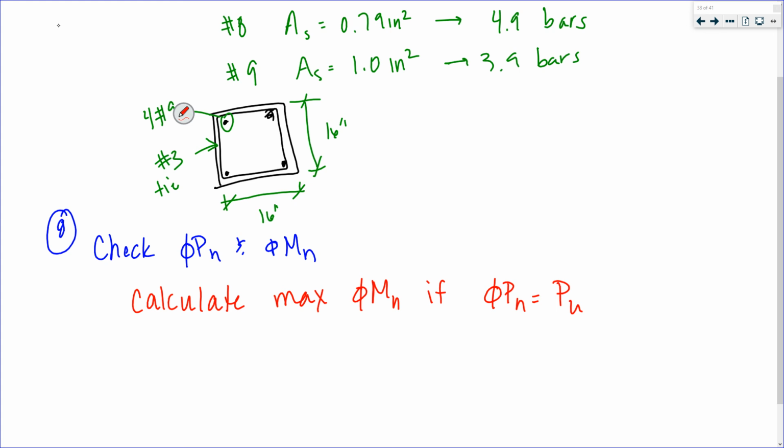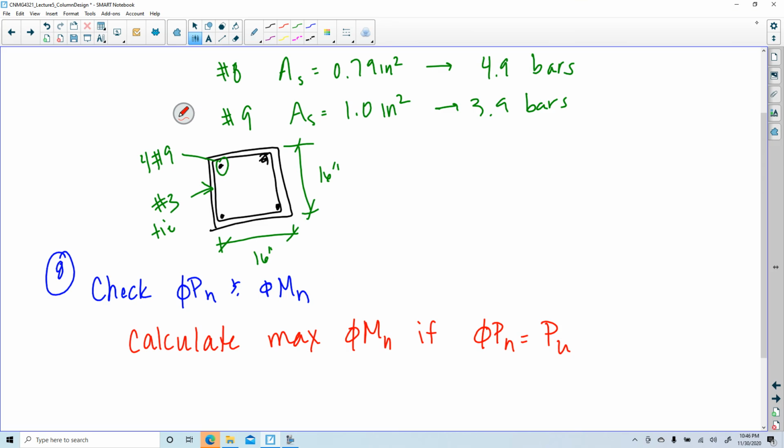Using the design aids, this is already probably fine, but it's always nice to go back. Never mind.